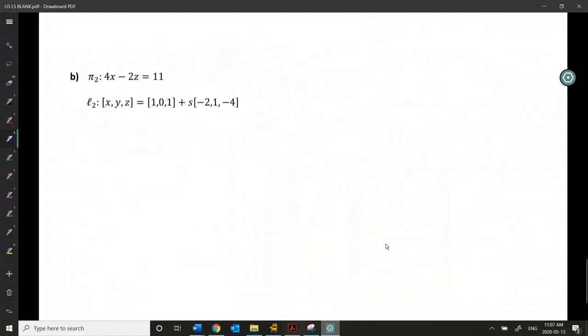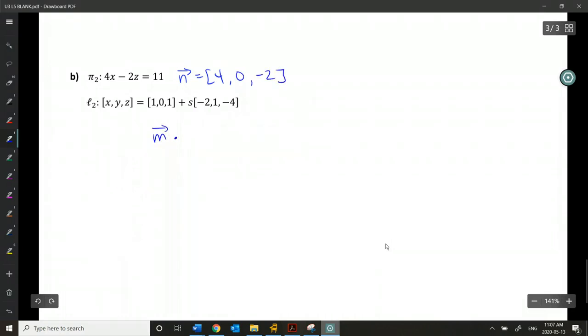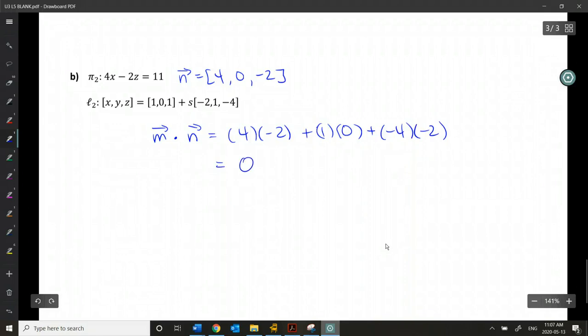Okay, let's take a look at another example here. So this guy, our normal is 4, 0, negative 2, and we're going to dot that with our direction vector. And I'm noticing here already that we're getting negative 8, positive 8, and 0, and that gives us 0.